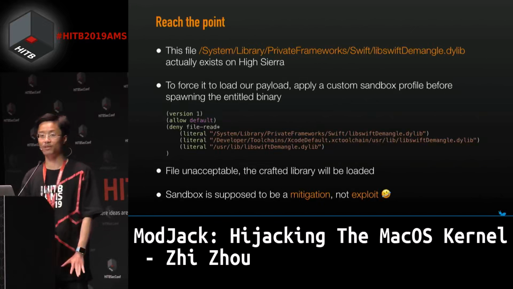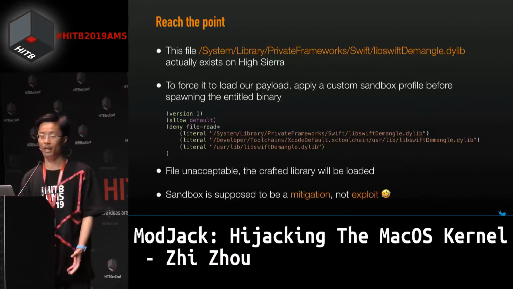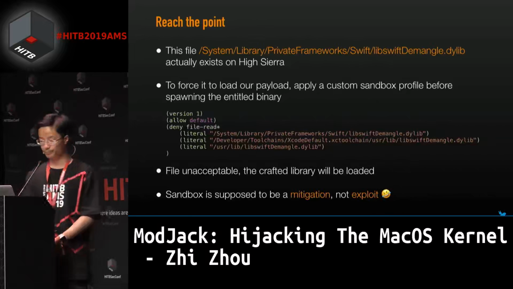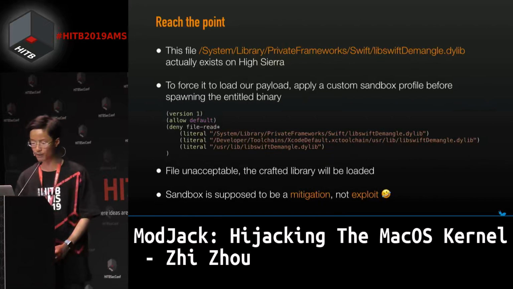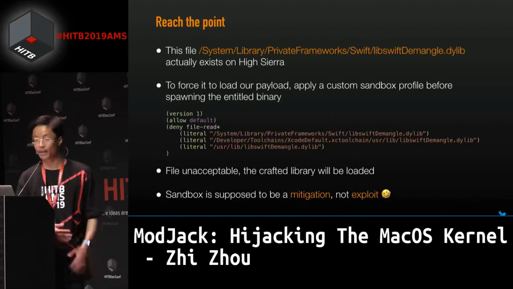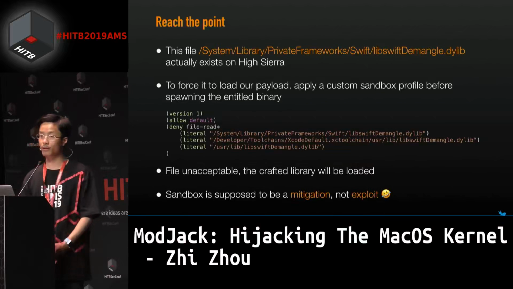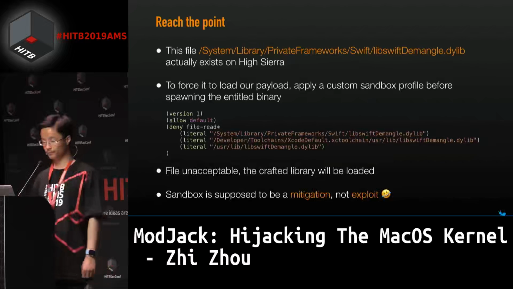When it cannot read from this location, the dlopen won't succeed. So to force it to load our evil payload, we can apply a custom sandbox profile before spawning the entitled binary, and we can deny the file read permission for these locations, and it will finally reach the last branch.